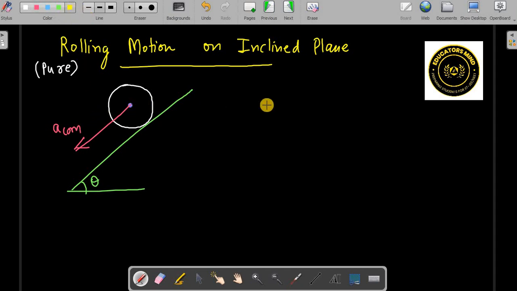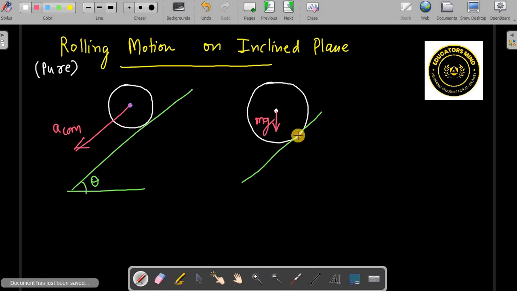So let me draw this diagram more clearly and bigger so that we can see the effect of forces. If you see the forces acting at the center of mass, mg is acting downward, right? And if there is friction, in which direction will friction act?